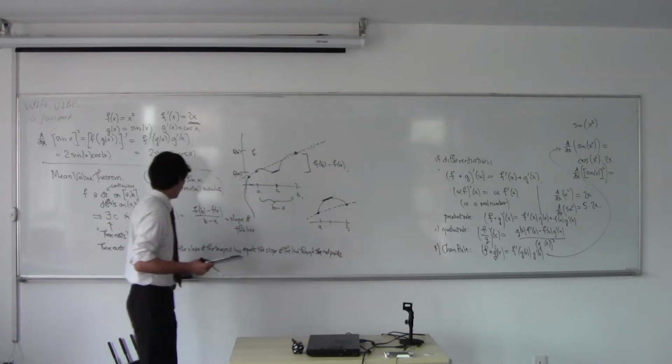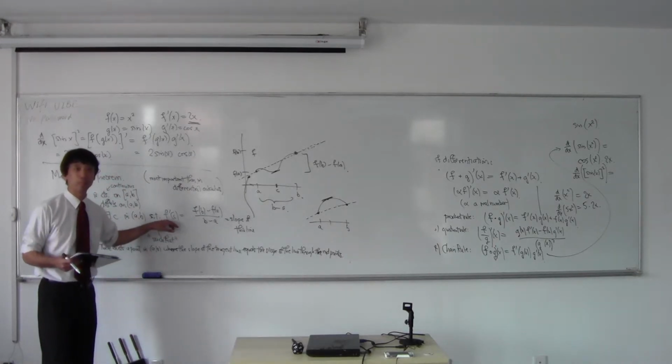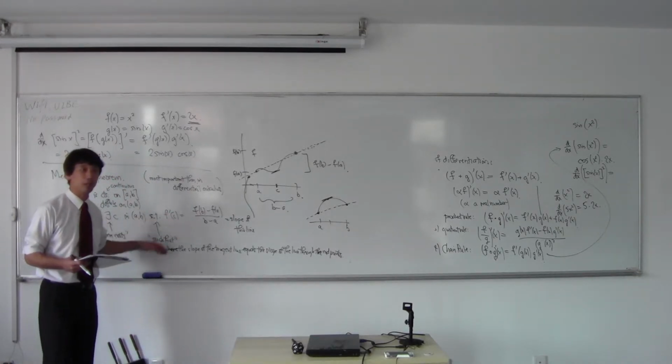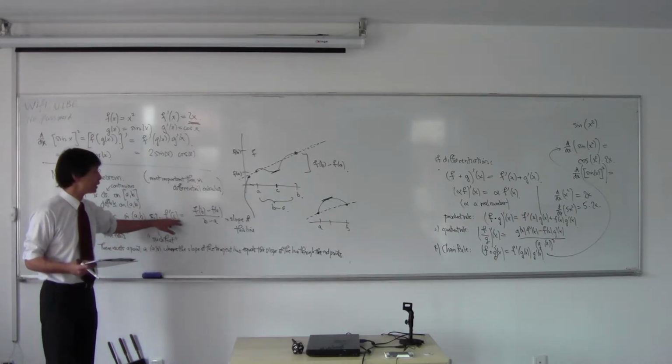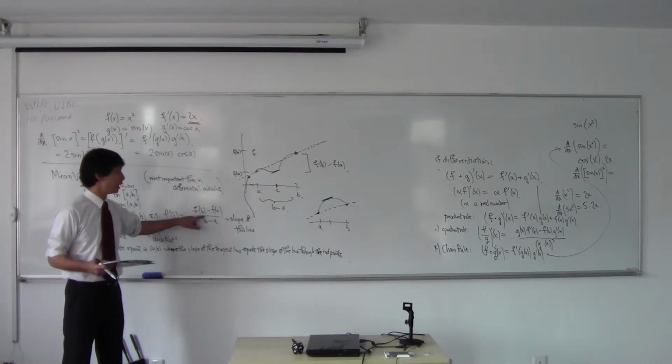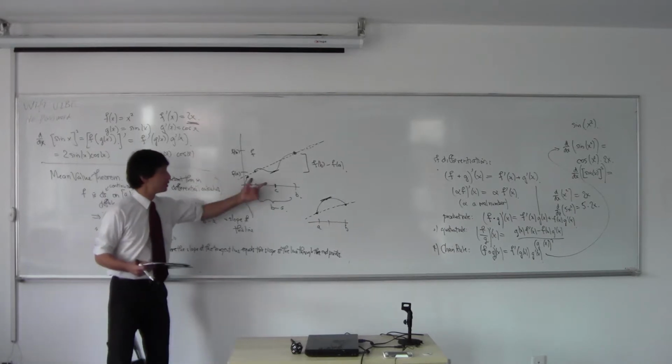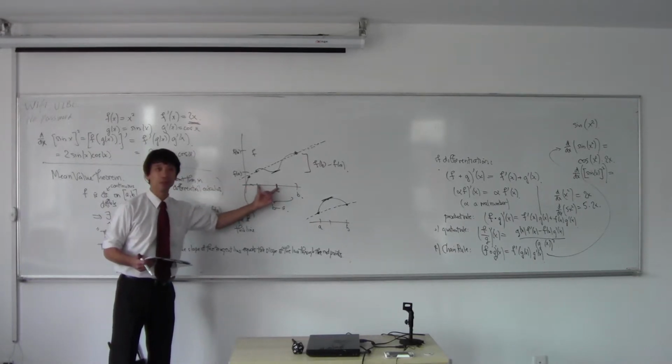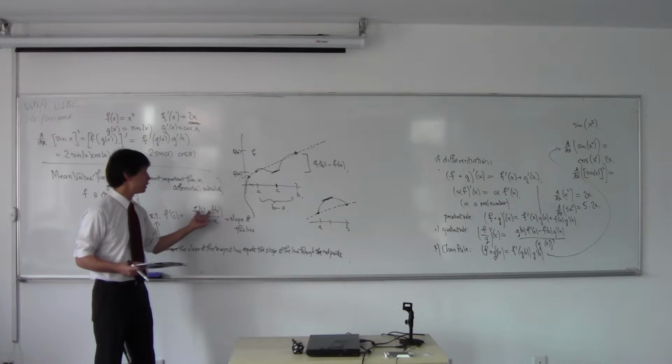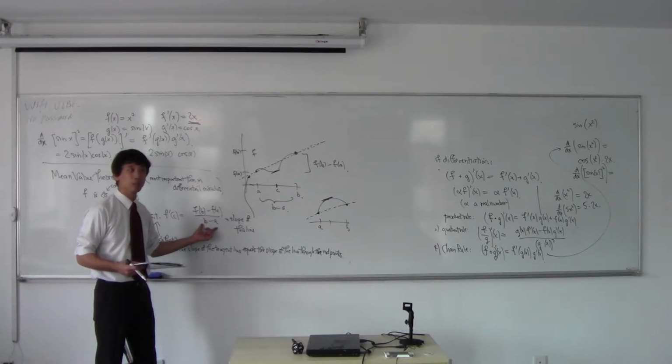If you're thinking about physics, if f is position and this is a time interval, then what is this? This is the change in position over the change in time, so that's the average speed.